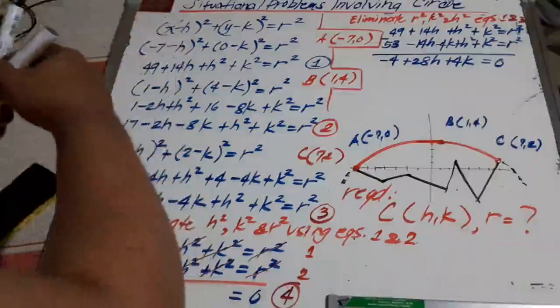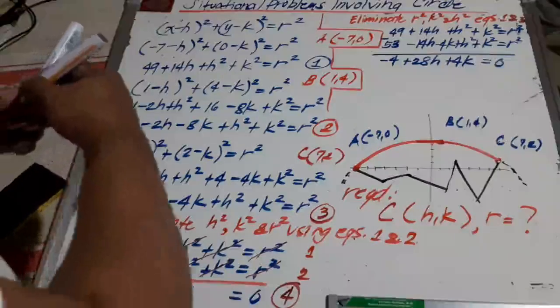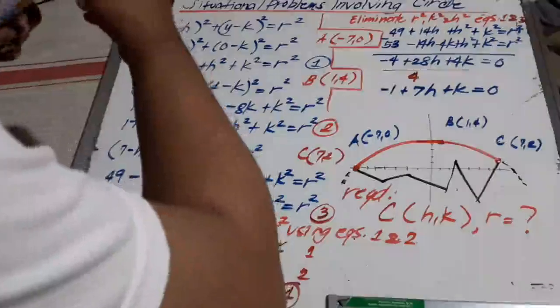But pwede pa natin itong i-simplify by dividing all of the terms by 4. The result is negative 1 plus 7h plus k equals 0. This is our equation 5.